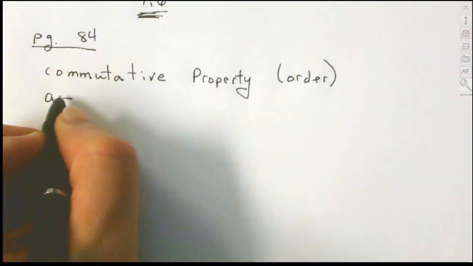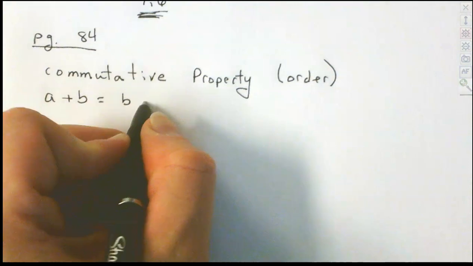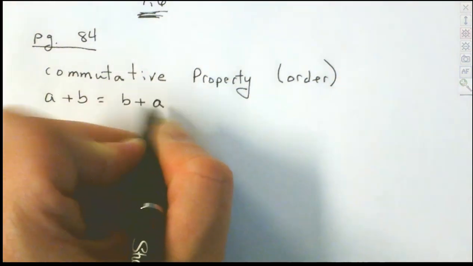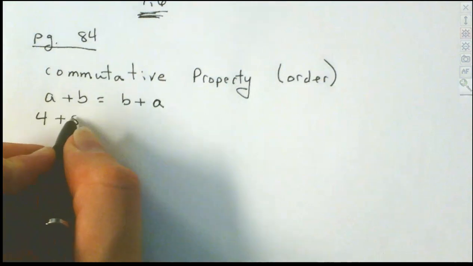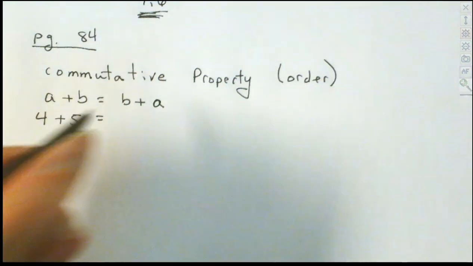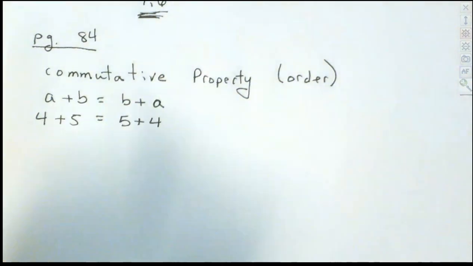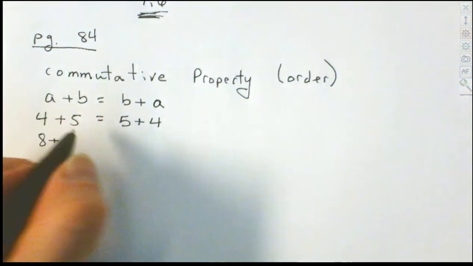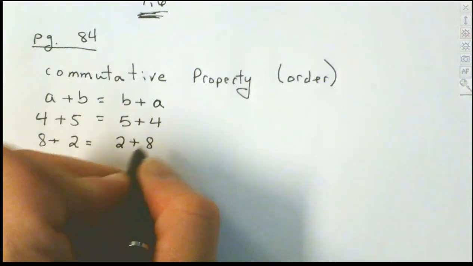Because our property says this. It says A plus B is the same thing as B plus A. And here's an example. 4 plus 5 is the same thing as 5 plus 4. 8 plus 2 is the same thing as 2 plus 8.